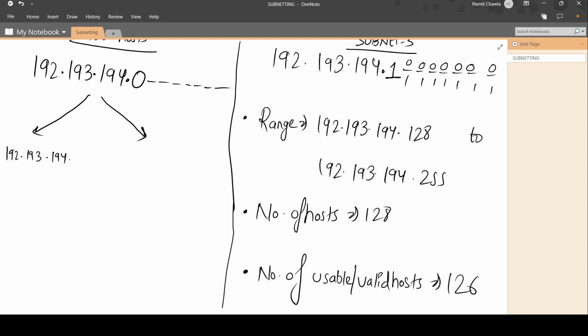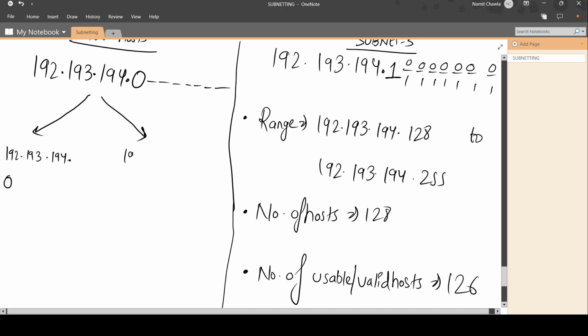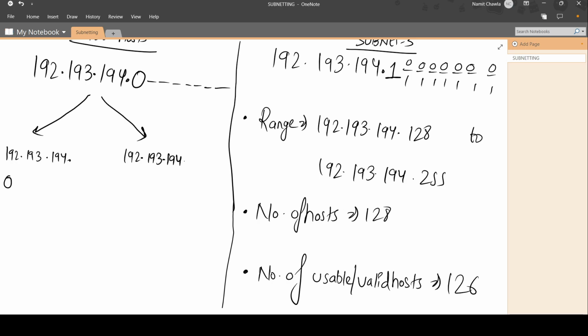192.193.194. It started with 0. The other one is also going to start with 0: 192.193.194. It started with 0. Now you want to split them into two equal parts, that is 64 and 64. So I'll put 0 0 for the first bits, and I was left with 1 2 3 4 5 bits.